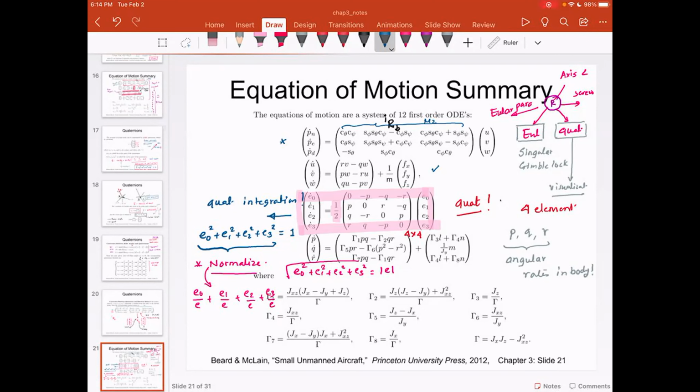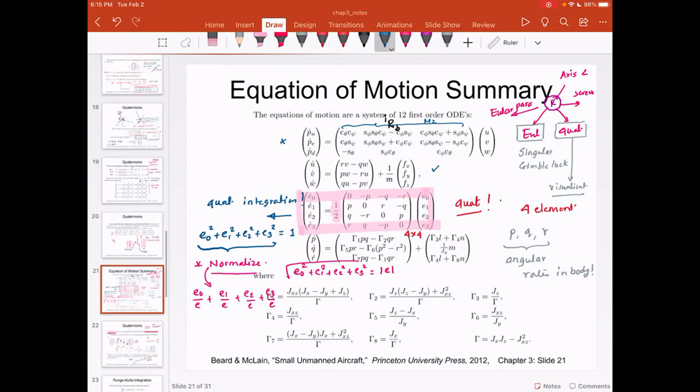Now I want you to understand how this process of integration works, and I am going to explain this in a slightly more detailed fashion in the next slide.